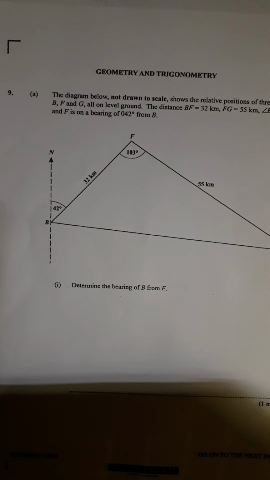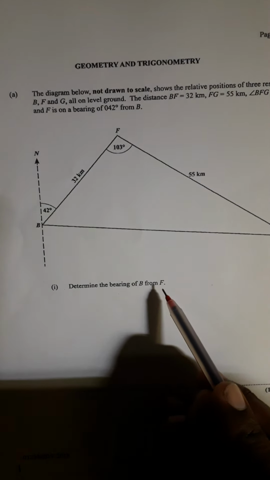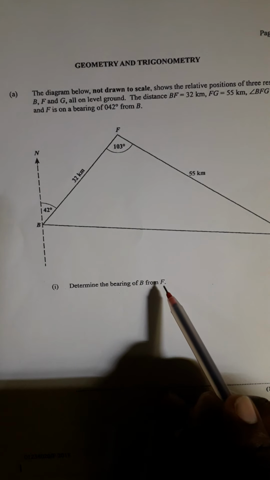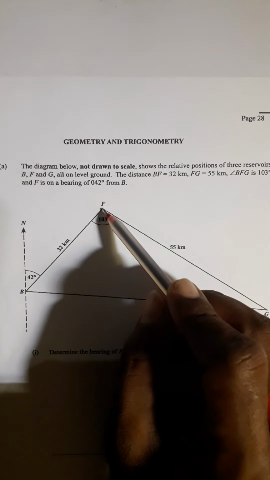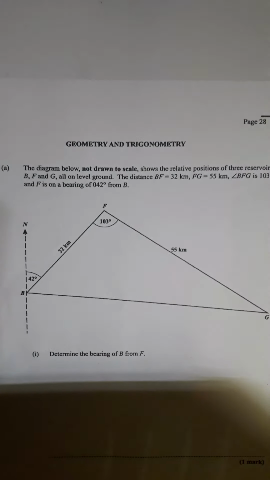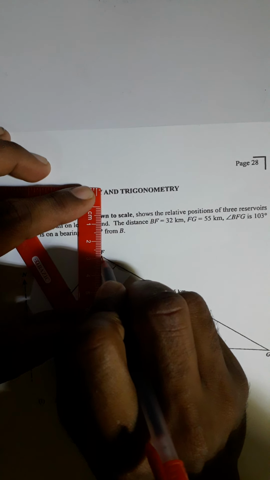Alright, let us go to the question. The first question says, determine the bearing of B from F. Since it's from F, we are starting at point F. And since we are starting at point F, what do we need? A north line. So I'll draw a north line, straight up.